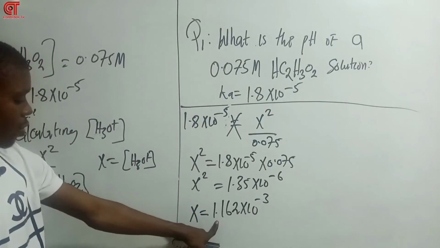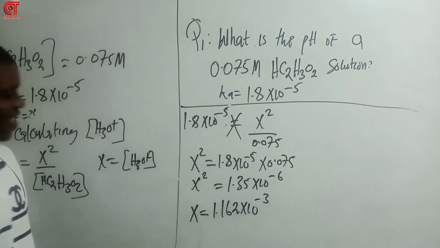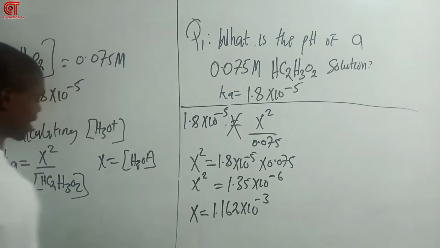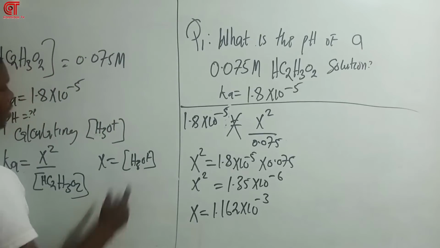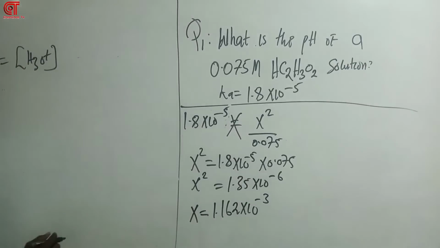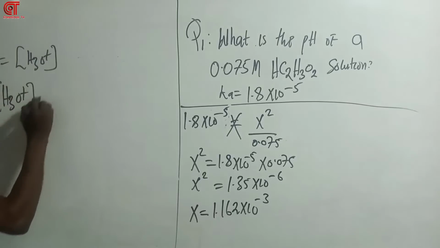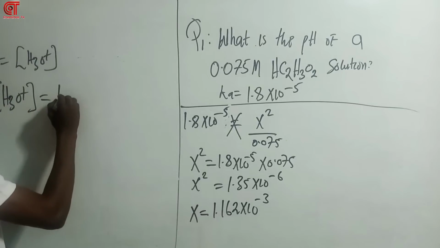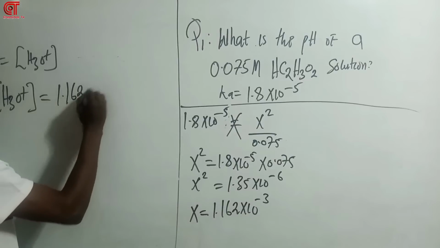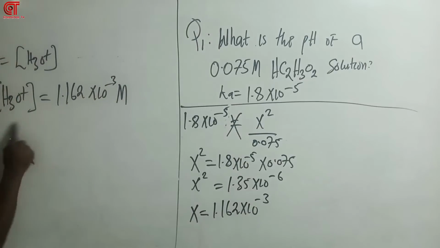So this is now my X. Remember I told you my X already equals H3O plus concentration. So my H3O plus is 1.162 exponential minus 3 molarity. Remember, it's going to be in molarity.